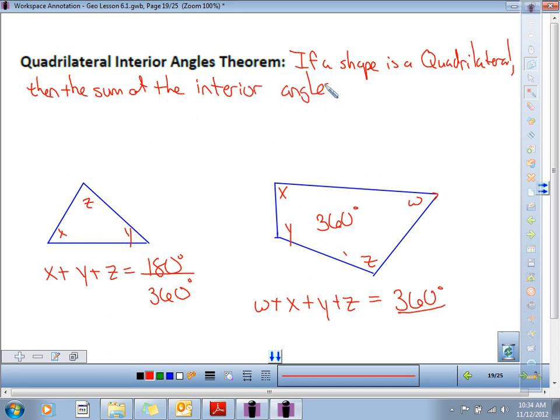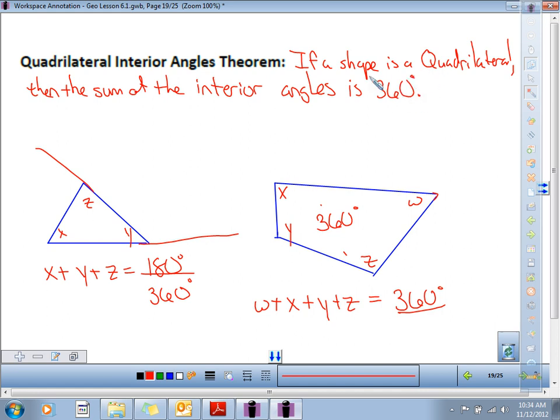Now remember, I'm talking about interior angles, all these guys on the inside. Remember, last chapter we actually dealt with some exterior angles. We'll deal with those in chapter 8, but we're not worried about those now. That's actually pretty easy, but we'll get there in chapter 8. So if a shape is a quadrilateral, then the sum of the interior angles is 360 degrees.